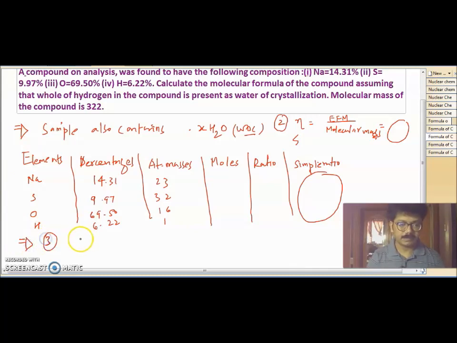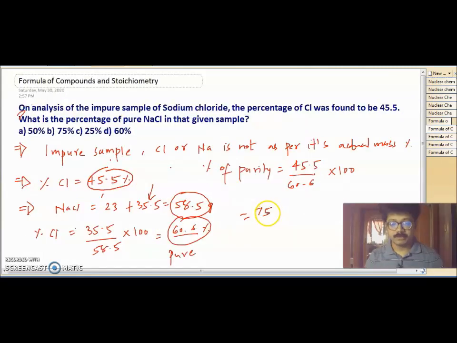Integer multiplied by empirical formula, that will be the molecular formula. So it is coming 75%. So we can say this NaCl, which contains 45.5 percentage of chlorine, is not 100% pure, but it is 75% pure sodium.